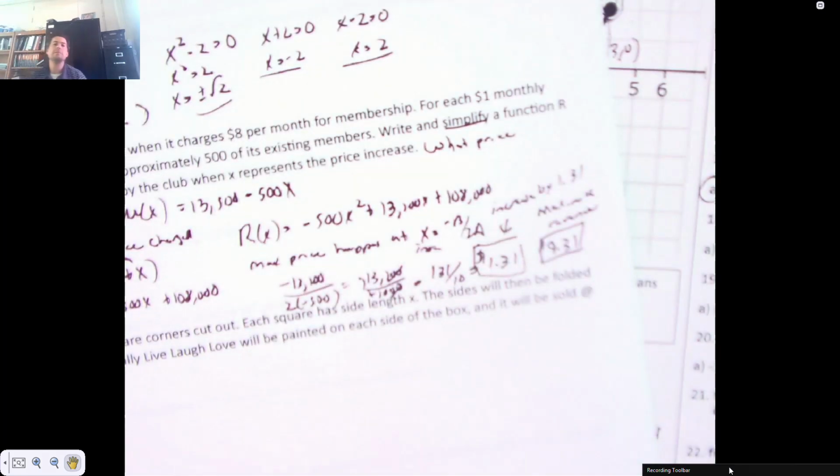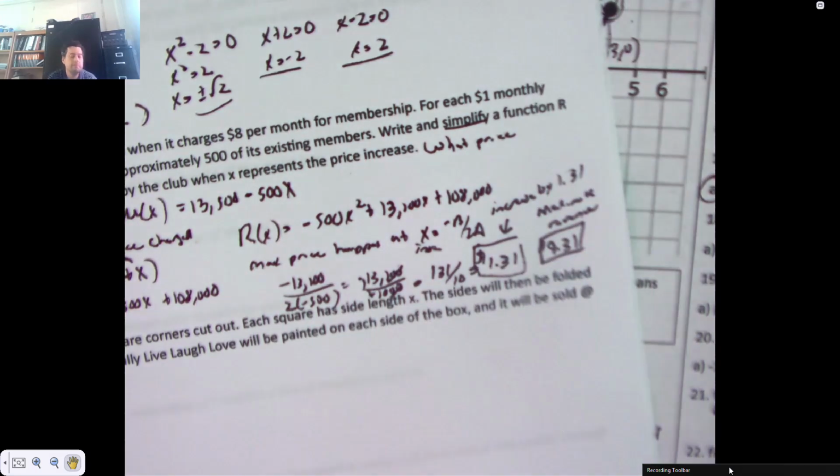So if I increase prices by $1.31, I maximize revenue. So the old price was 8. I add $1.31. $9.31 maximizes revenue for my small company. And that's what I'm going to charge because I'm a capitalist.